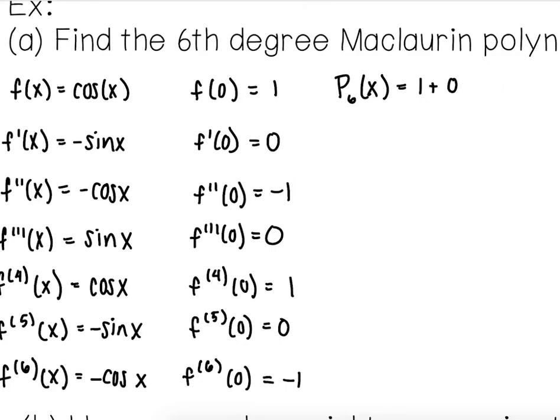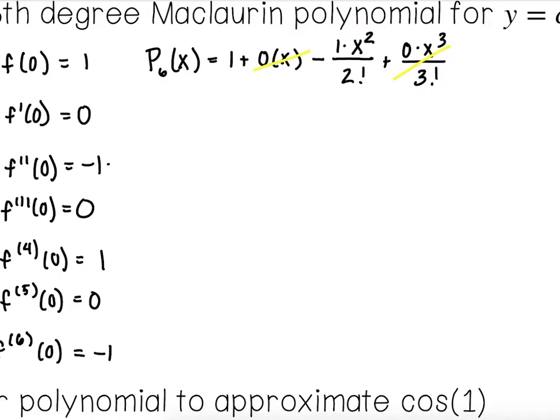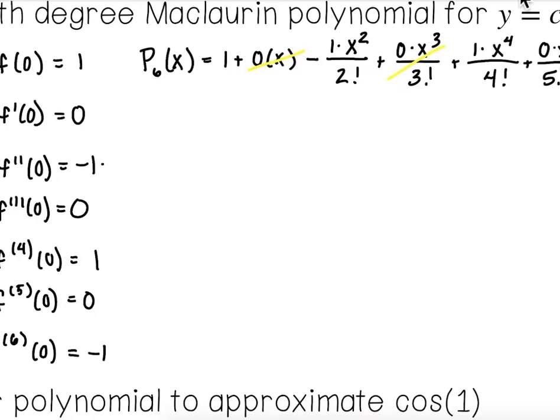We're just going to do times x, right, so that's going to cancel out, and then we're going to do minus for that second derivative value here, so that's 1 times x squared over 2 factorial plus 0 times x cubed over 3 factorial, so we know that's also going to go away.